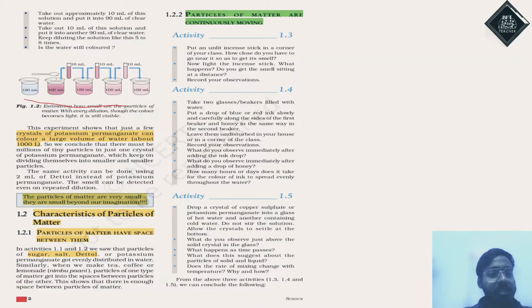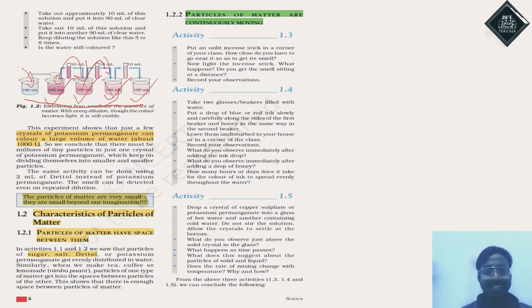Now here you can see this activity, the same activity as I told you. We are taking the potassium permanganate in 1000 ml of water and you can see the intensity is changing when we take a small amount of this and put it in another 100 ml. Then after this we take only 10 ml and put it in another one.